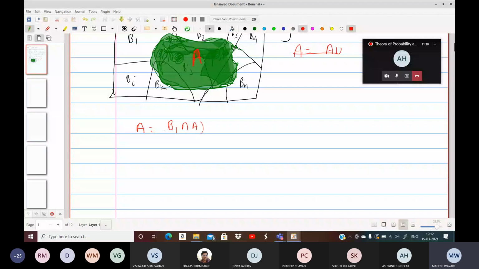Then another part, this may be your B2 intersection A, union, this is disjoint, B2 intersection A, and so on. The third, B3 intersection A; there may be no part of B3, it can be empty also. And like this, everybody is a disjoint union. So last is Bk intersection A. If you take intersection with all these disjoint events B1, B2, Bk, which partition the set S, their union gives us A. So this is the representation of A. And everybody is disjoint, keep in mind.